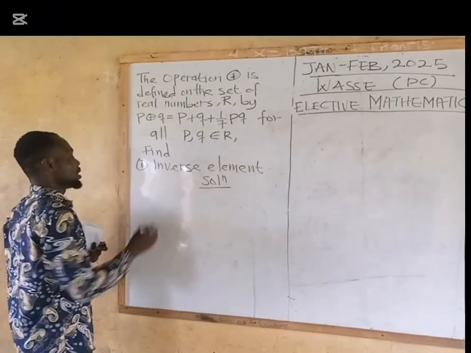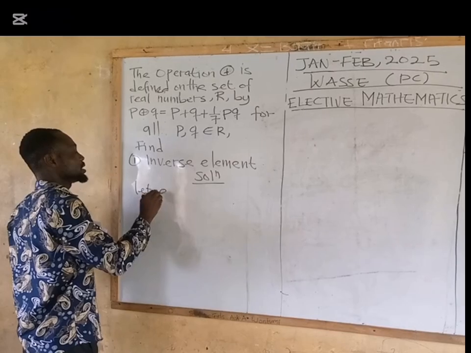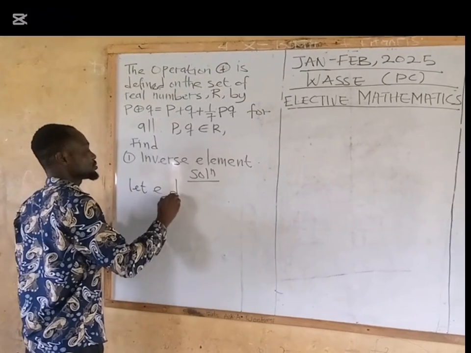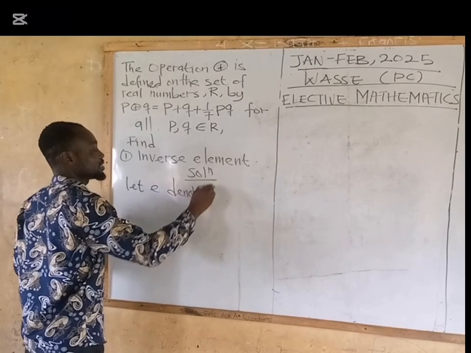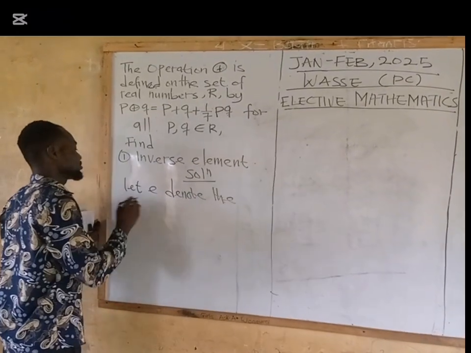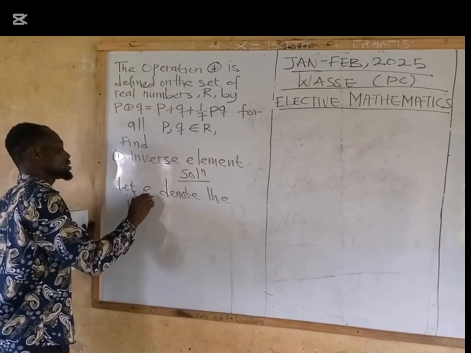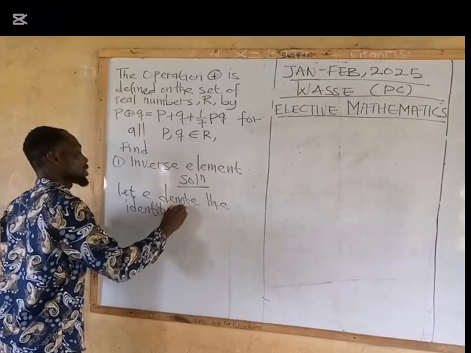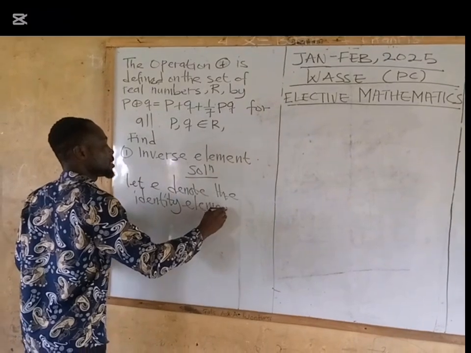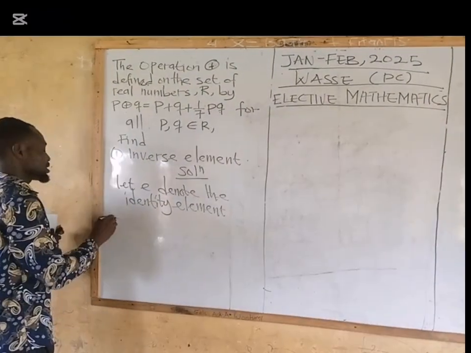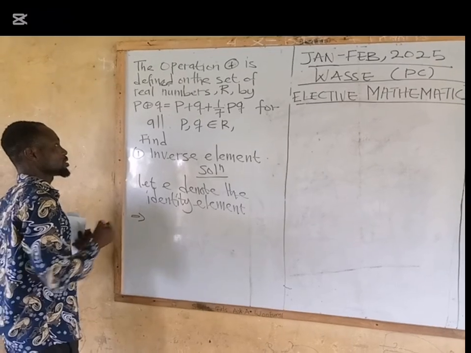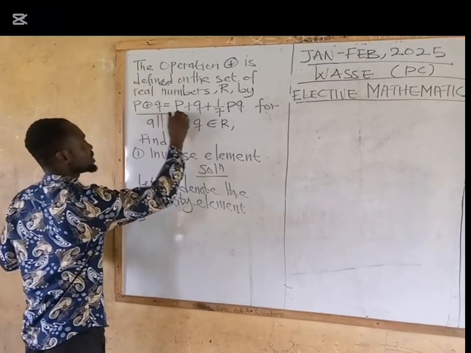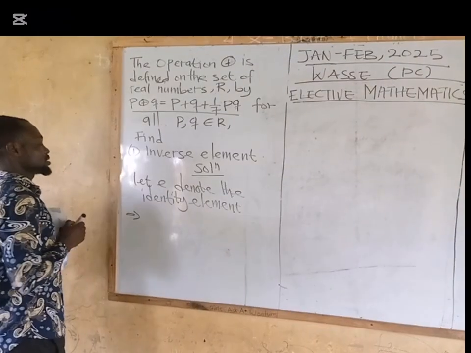So let E denote the identity element. This implies that we are going to use this relation for the calculation.